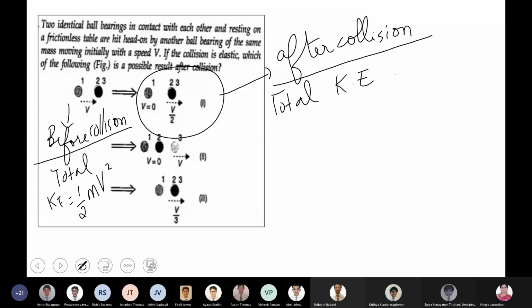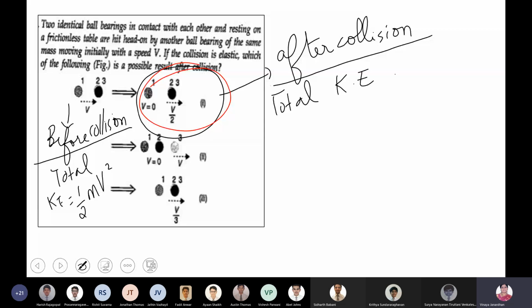In this case, after collision, particle 1 comes to rest. Particles 2 and 3 combine together and move with a velocity v by 2. Can you understand the scenario? Yes, ma'am. After collision, the first particle comes to rest, and 2 and 3 stick together and move as a single one.